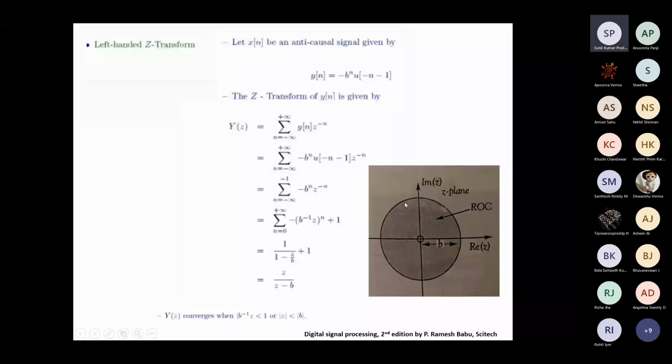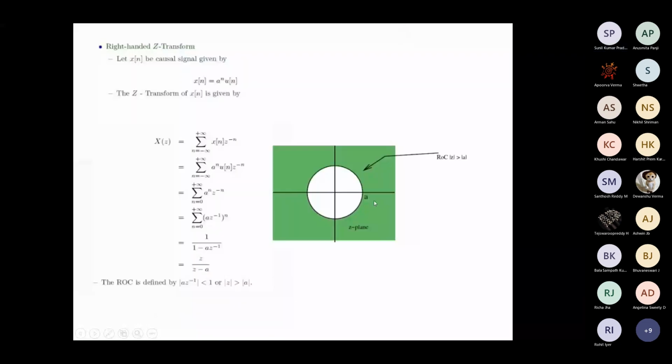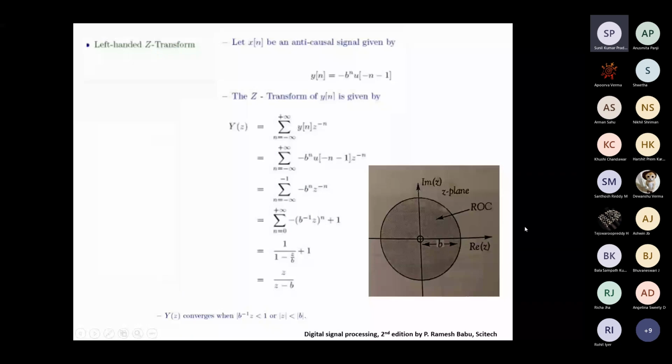So in these cases, for anti-causal sequences, your region of convergence will be inside the circle. Remember, for causal sequences, your region of convergence will be outside the circle of radius a. But for an anti-causal signal, your region of convergence will be inside the circle of radius b.